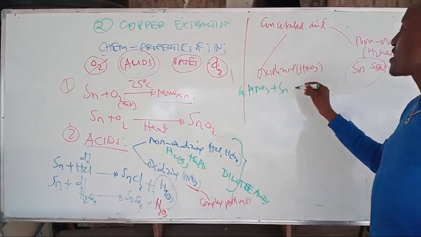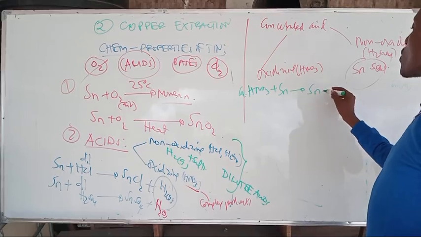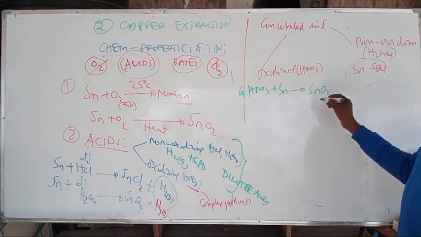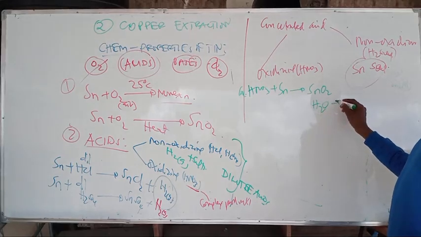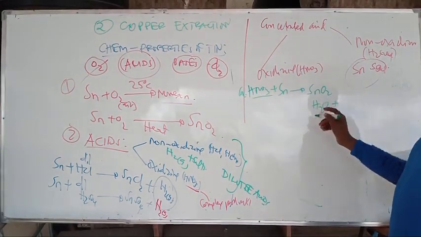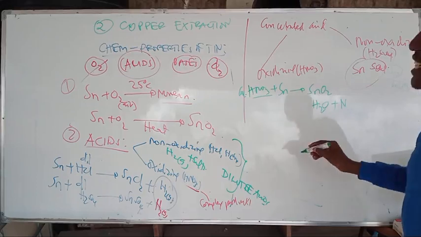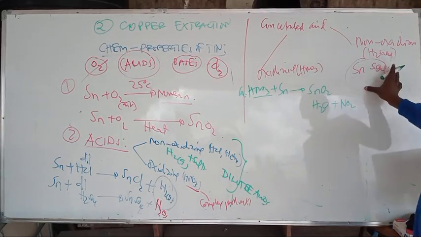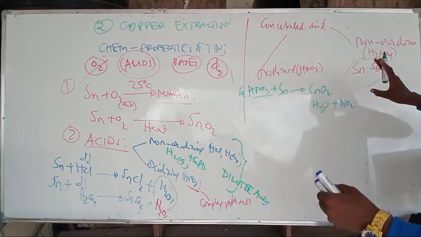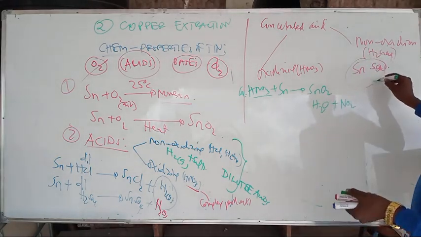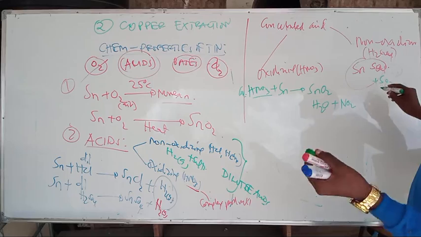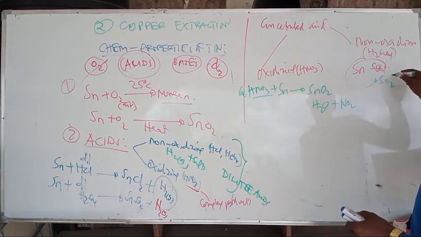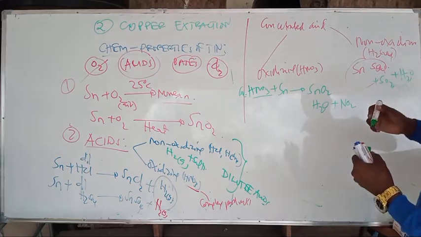But this one oxidizes it into tin oxide, and it forms water and the dioxide gas. Since sulfuric is not that oxidizing, it just forms the sulfate, the salt, and then the dioxide gas and water. So those are the products.